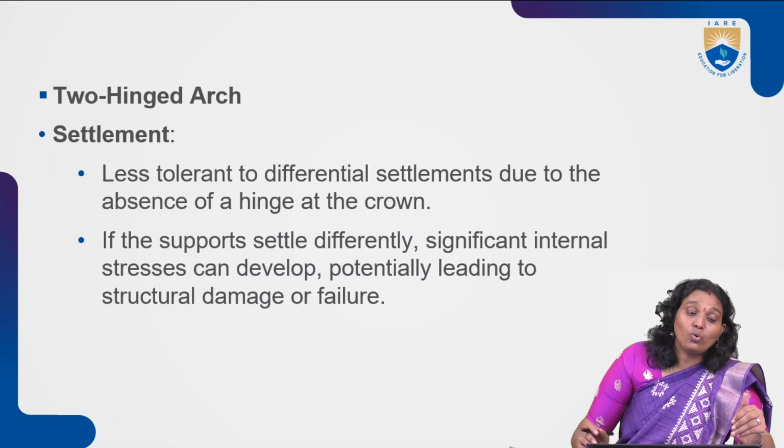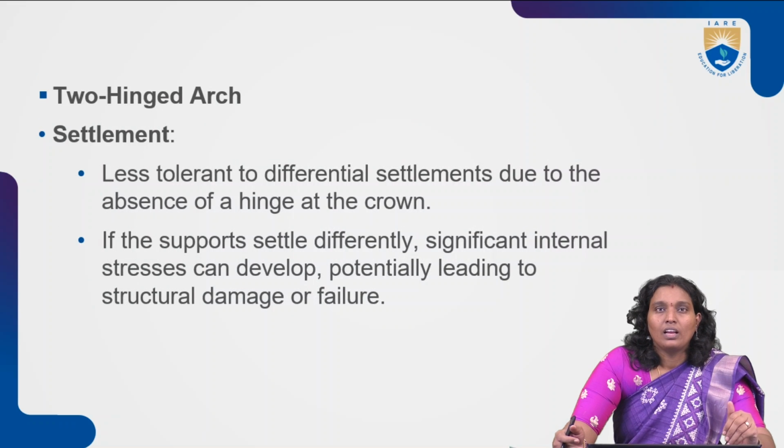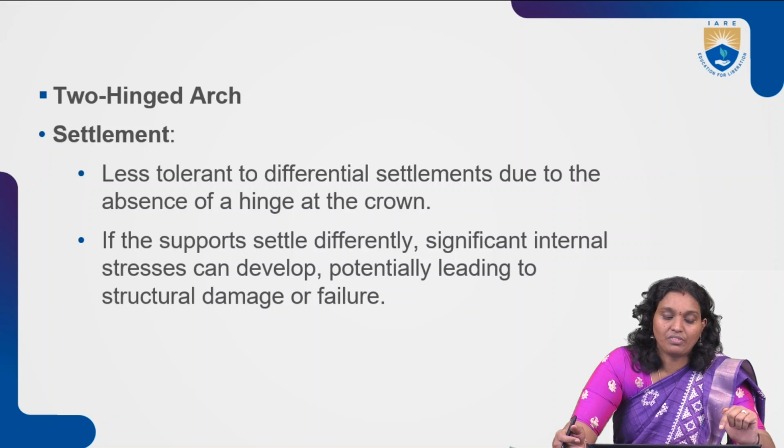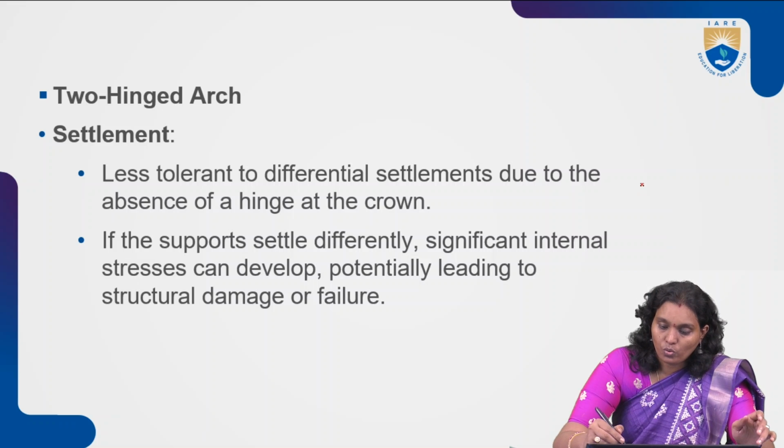And two-hinged arches are less tolerant to differential settlements due to the absence of the hinged crown. If the supports settle differently, significant internal stresses can develop, potentially leading to structural damage or failure, because only the two supports at the ends are present.